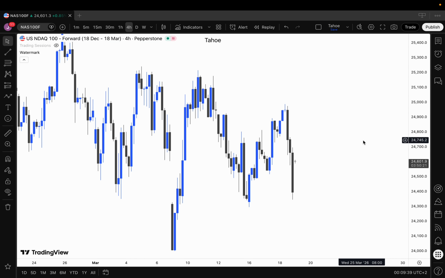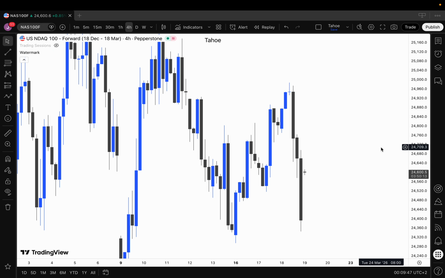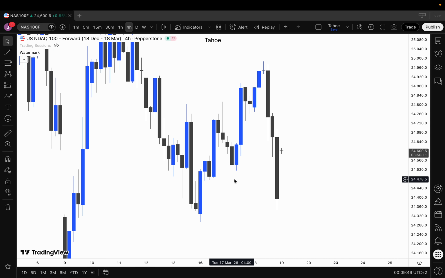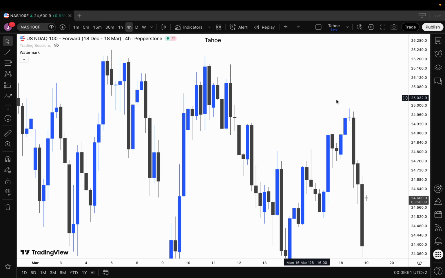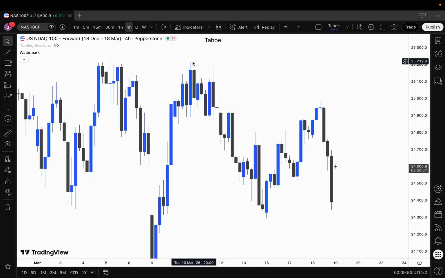Okay, so I'm going to use the 4 hour, a pretty good median long term time frame. And the way I analyze is I look at every single candle. Let's say from this point here, I will do analysis.